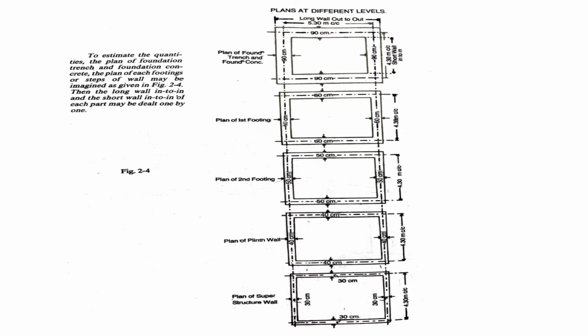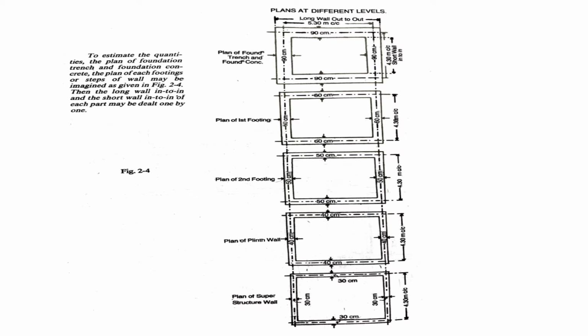Here we have seen the step by step width of the foundation excavation as well as the step by step footing width. First of all, the first diagram shows the plan of foundation and foundation concrete. Here we are using the under width of the excavated foundation for PCC work.